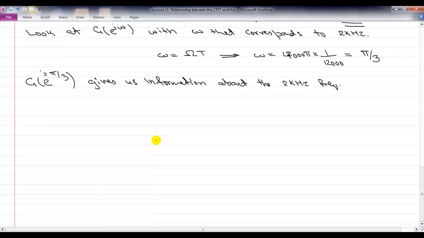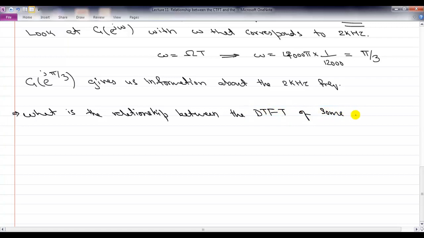So this explains the relationship if you are sampling a continuous time signal to get a discrete time signal. Now the other question is, what is the relationship between the DTFT of some samples and the reconstructed continuous time signal?